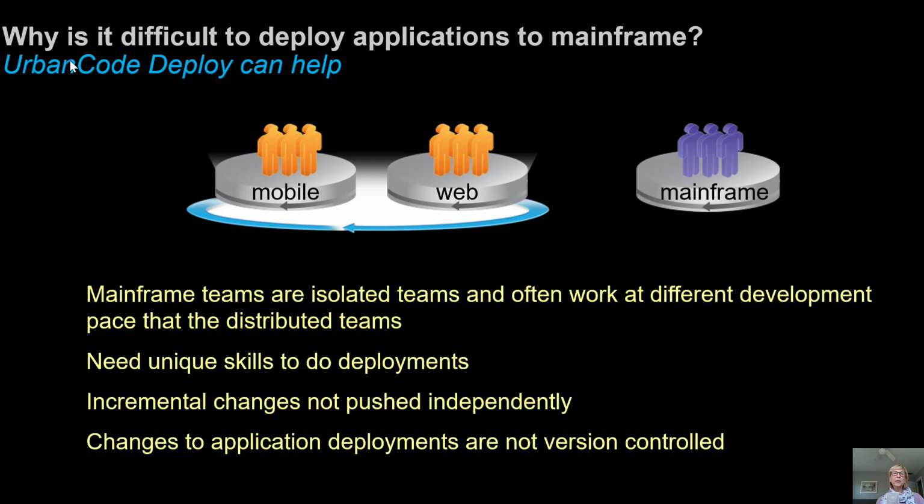So UrbanCode Deploy is beneficial not only because it unifies deployment automation for both the distributed and the mainframe components within an application, but also because of the additional functionality UrbanCode Deploy brings when working with legacy z/OS tools. UrbanCode Deploy can deploy CICS bind files and DB2 changes.